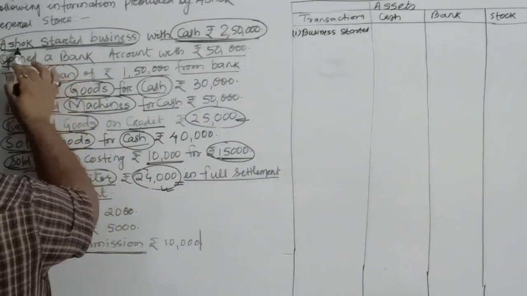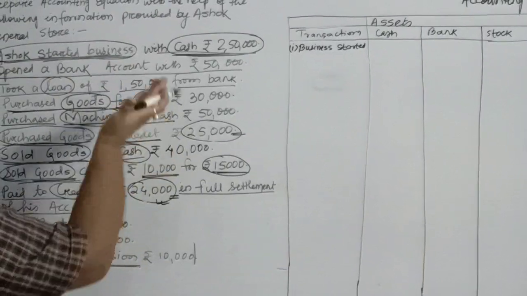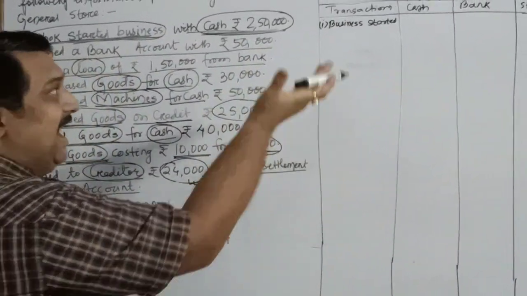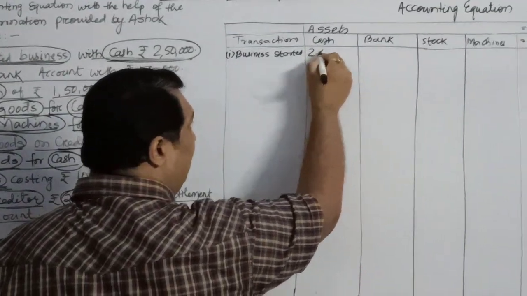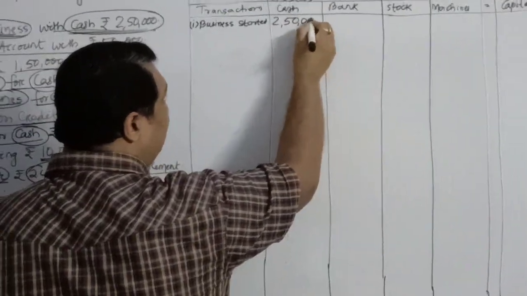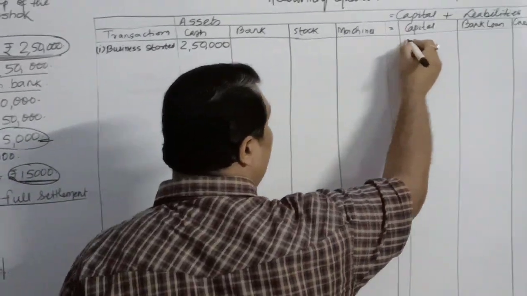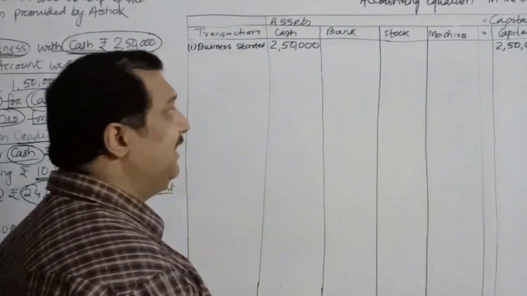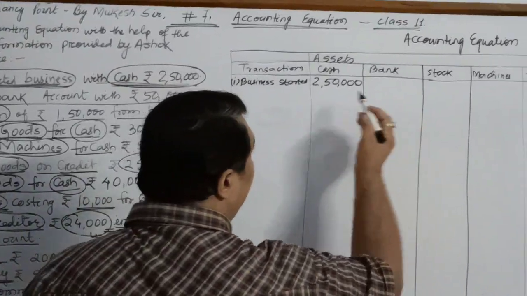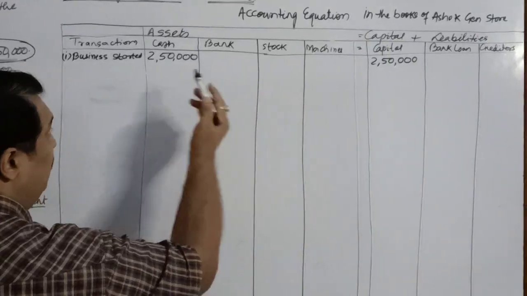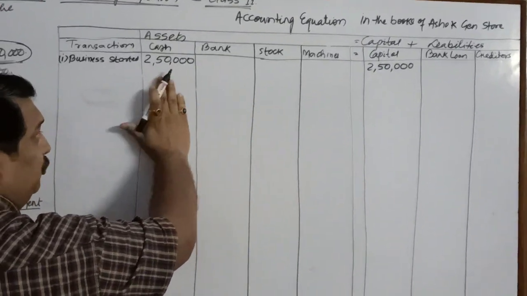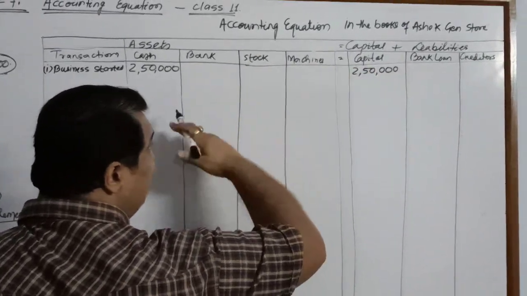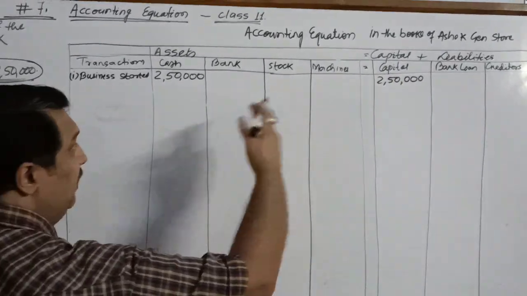First of all, Ashok is starting business, so his capital will increase, and he is starting the business with cash, so cash will also increase. So I will write 2,50,000 in the cash column, and at the same time I will write 2,50,000 under the head capital. Now if you see, aren't both the sides equal till now? Cash debits 2,50,000 on this side and liability side also total is 2,50,000. That means your accounting equation is correct till now.